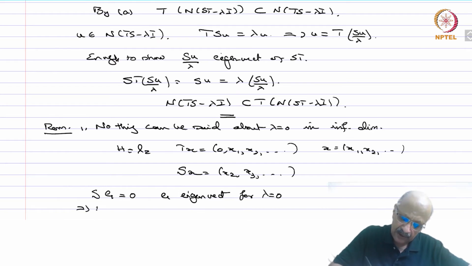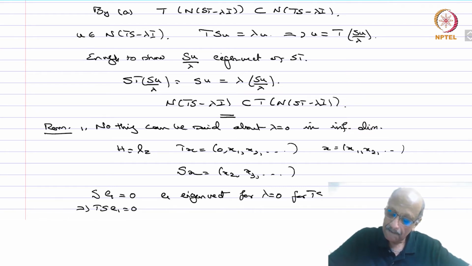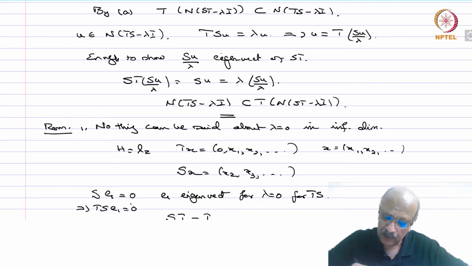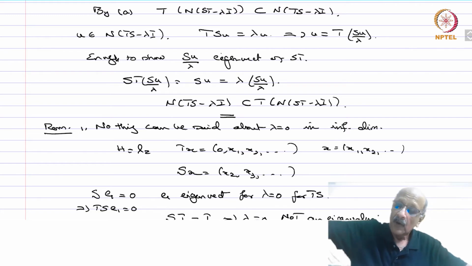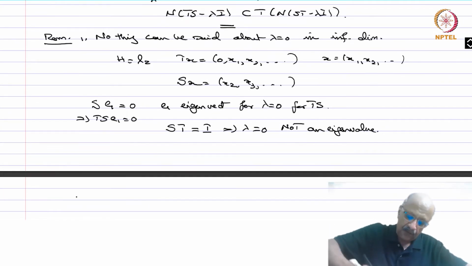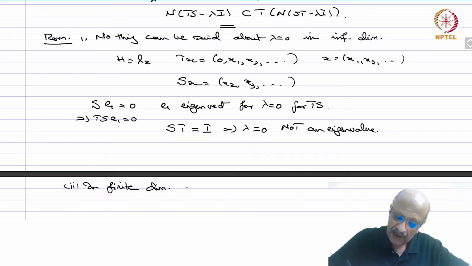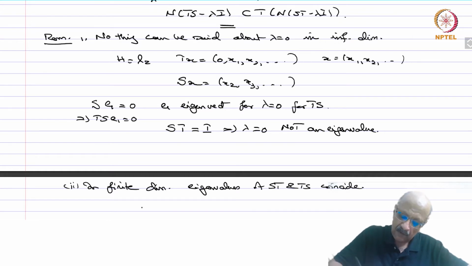This also implies that TS of e1 equals 0, for TS. On the other hand, if you take S of T, this is the identity map. You go by 0 and then you push away the 0, which implies lambda equal to 0 is not an eigenvalue. Okay, so you do not have it. Of course, in finite dimensions, the eigenvalues of ST and TS coincide. We have already shown it for lambda not equal to 0.